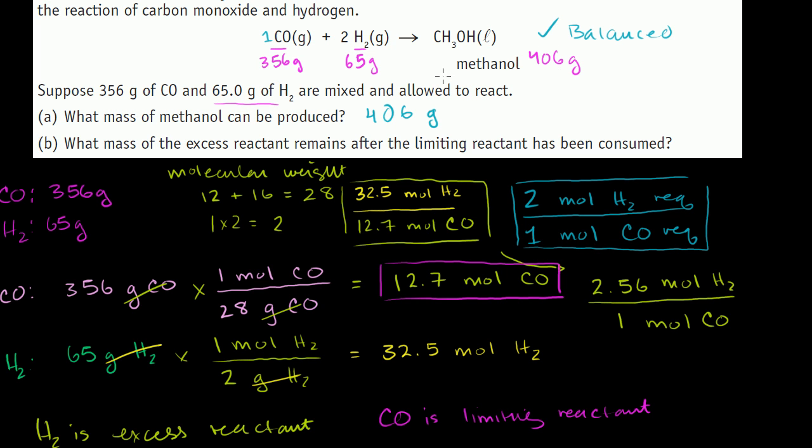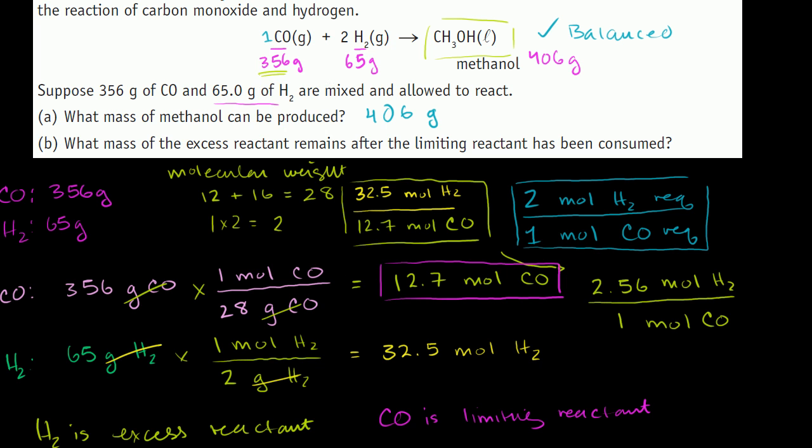We figured out that carbon monoxide was the limiting reactant. So all of this gets consumed, and only some of this gets consumed. So what gets consumed has to be equal to 406 grams, because that's what gets produced.